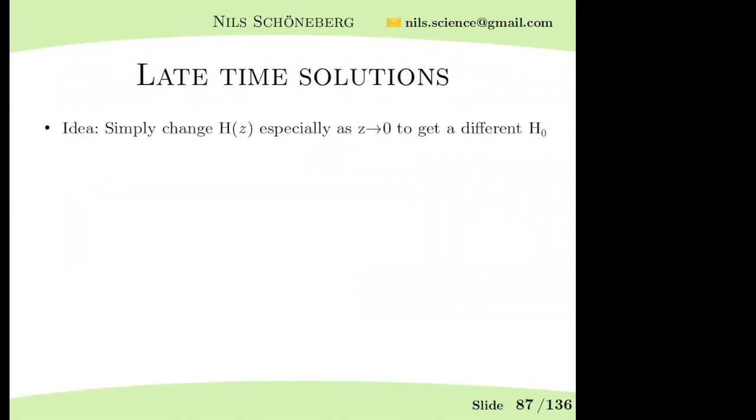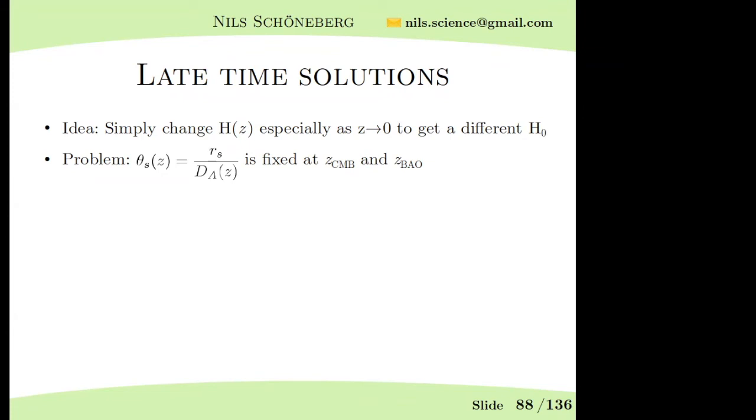Okay, so how do late time solutions work? Well, the idea is, of course, simply to change the Hubble constant at z equals 0, because then you change H0. Very simple idea. Why is it not going to work very well? Because the sound horizon is fixed by CMB, by BAO, and so on, by all these different measurements, meaning that the sound horizon is a well-determined quantity.